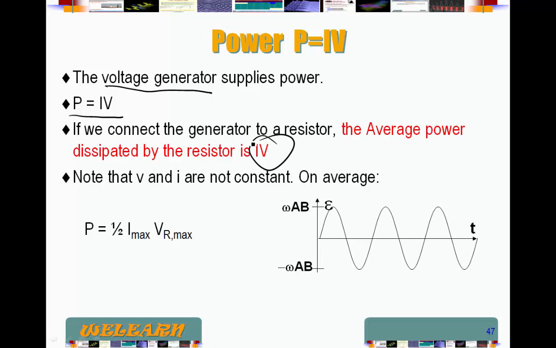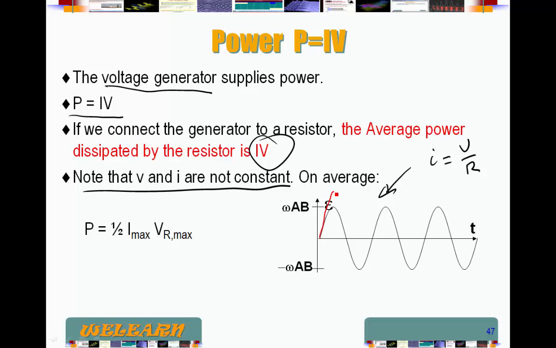Okay, but when we use this expression, we were thinking of DC power sources, where I is constant and V is constant. That expression is still appropriate, however, it's appropriate for a change in current and a change in voltage. In the case of a resistor, if the voltage is going to look like this, then the current is going to be given by V over R using Ohm's law, so the current is going to look somewhat the same way.